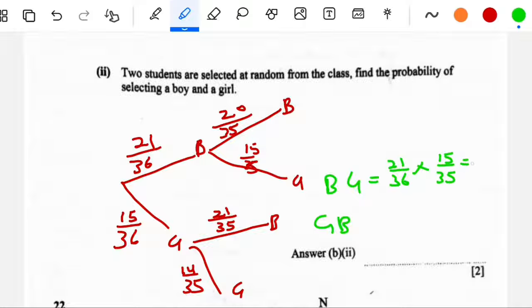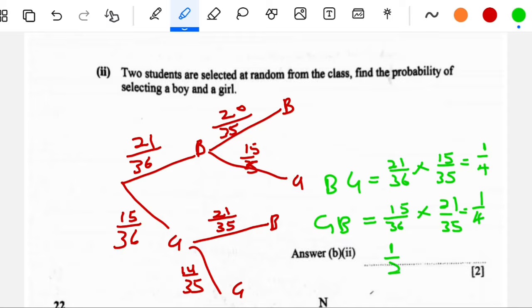I don't have a space here, so I'm going to do it on the side, and I'm going to get 1/4. Then for GB, I'm going to do it here, which is 15 over 36 times 21 over 35, and it's going to give me 1/4. Then I'm now adding these 2 quarters, and it's going to give me half.